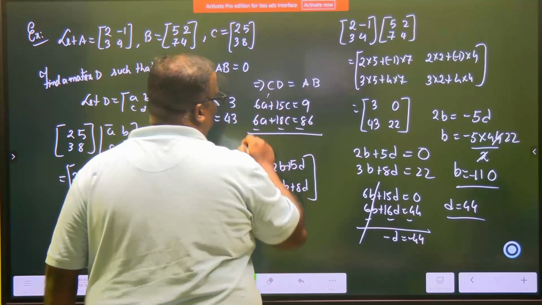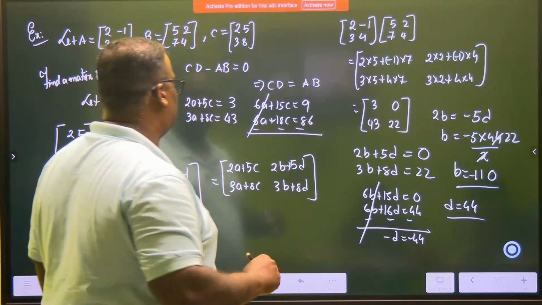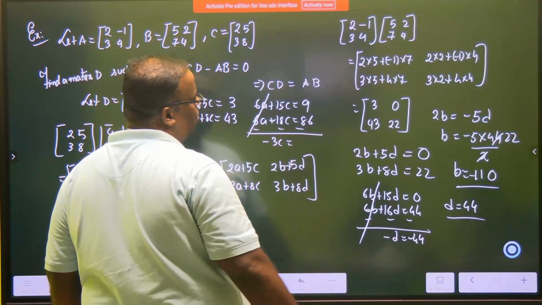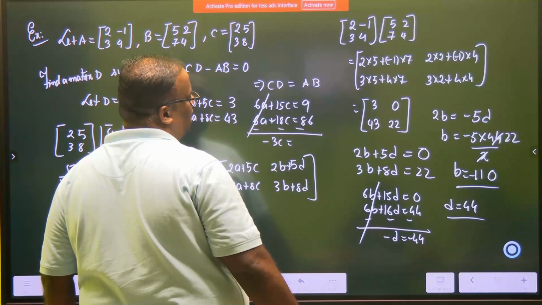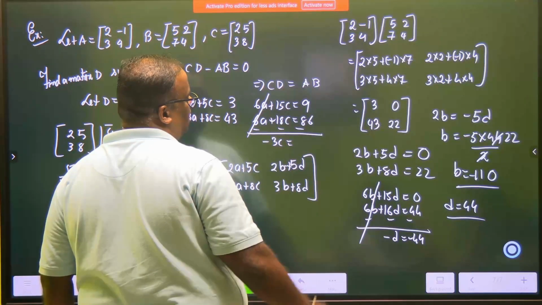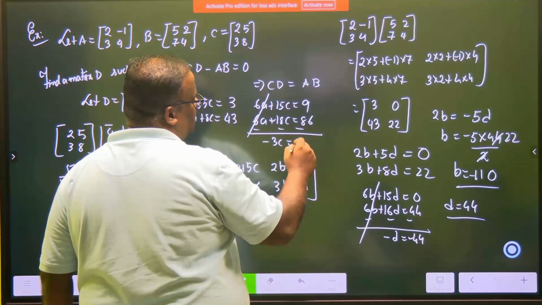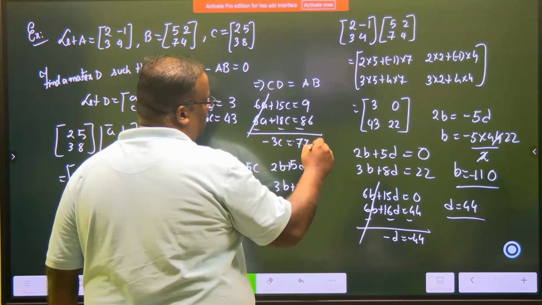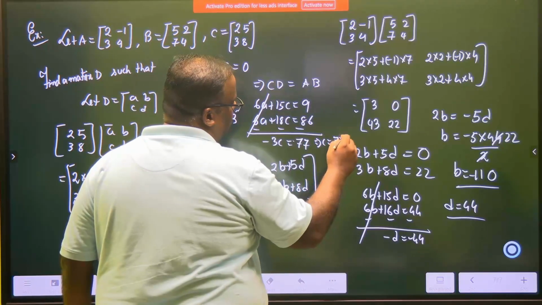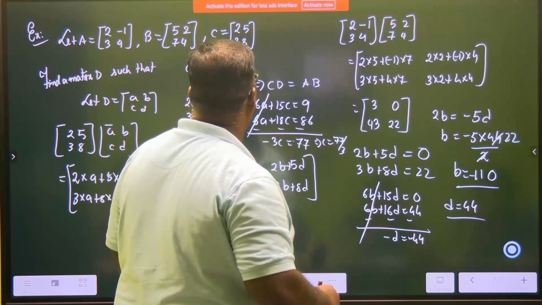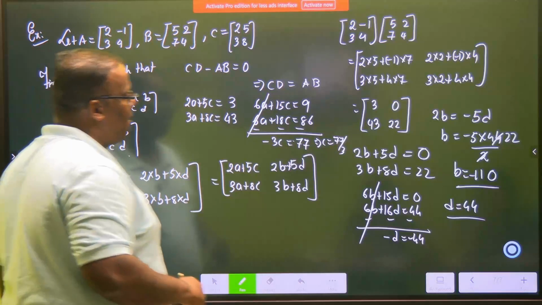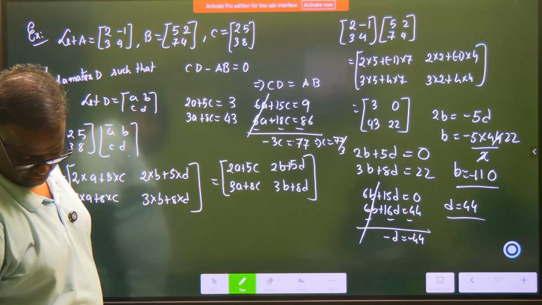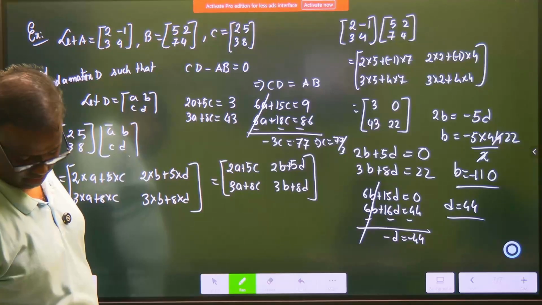So we get negative c is equal to 86 minus 9, 77. Something wrong, I think. C equal to 77.